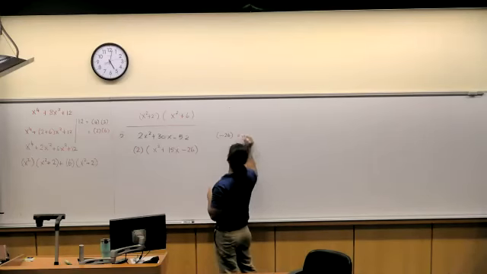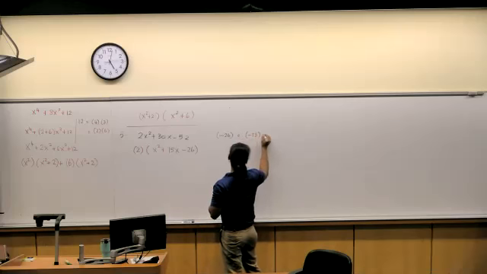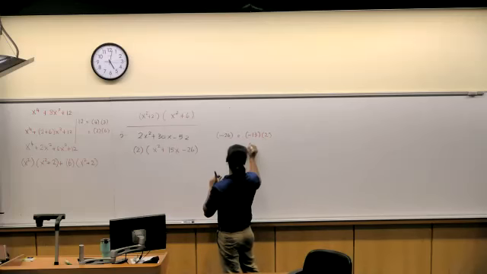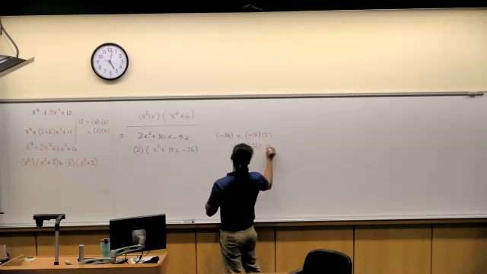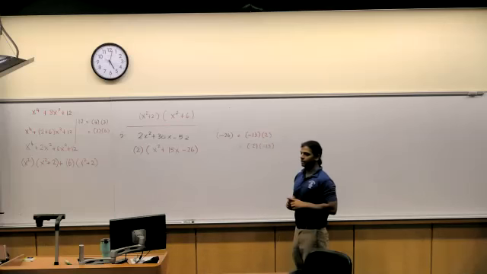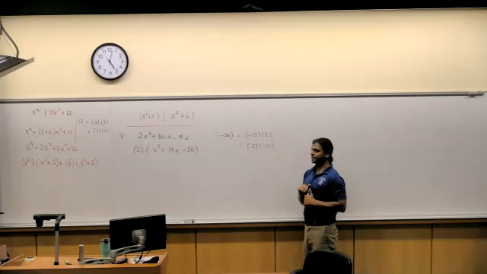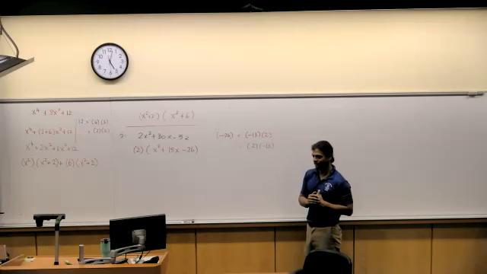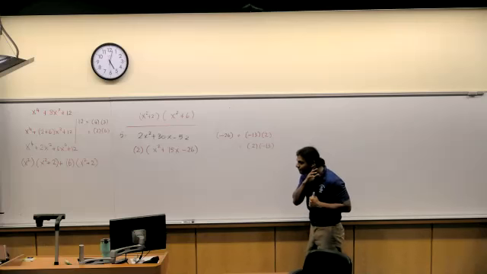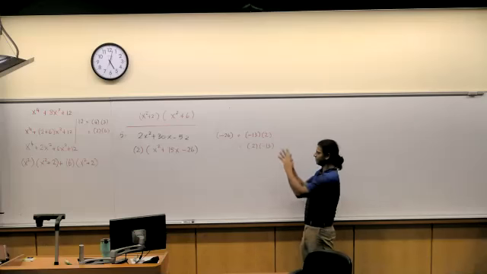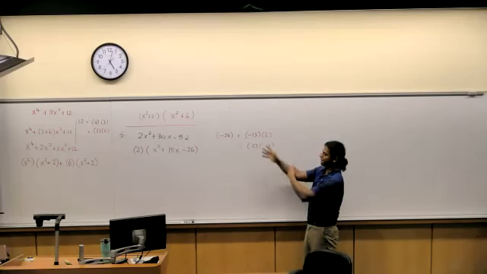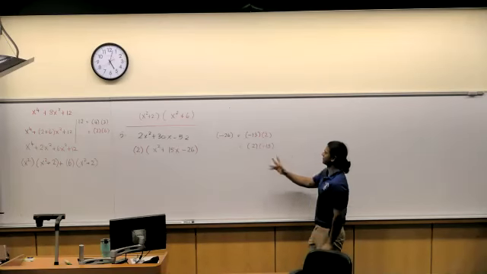So negative 13, 2, or 2 and negative 13. And you should stop right here because 13, is that a prime number? Yes. What do we know about prime numbers? We can't factor them more. That's the best I could do. So that's it. No other factors.